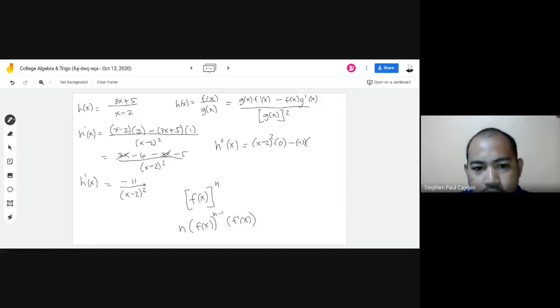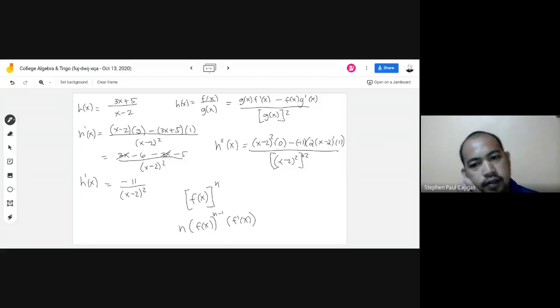Since it is squared, we multiply by 2, then copy x minus 2. Now 2 minus 1 is 1. Then the derivative of x minus 2 is still 1, all over x minus 2 squared.